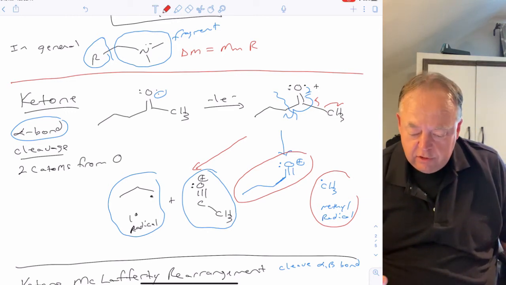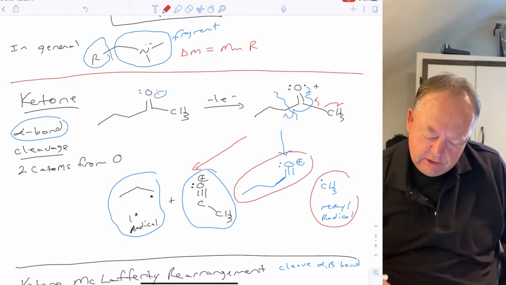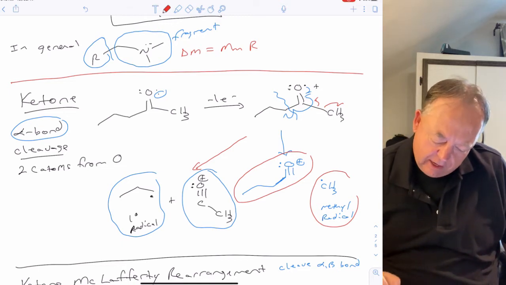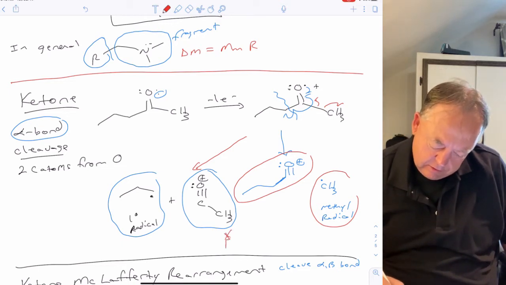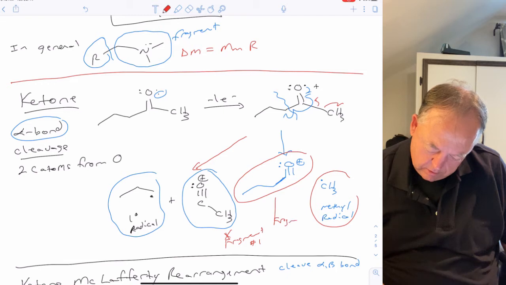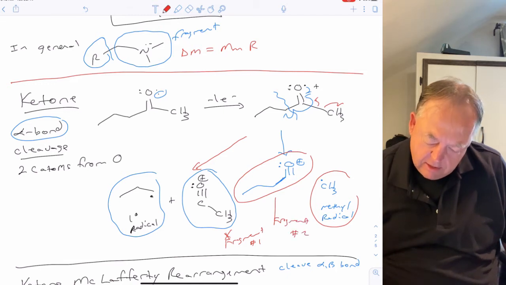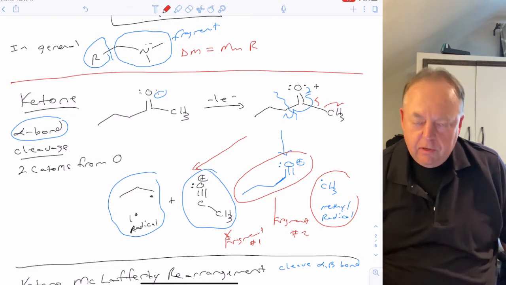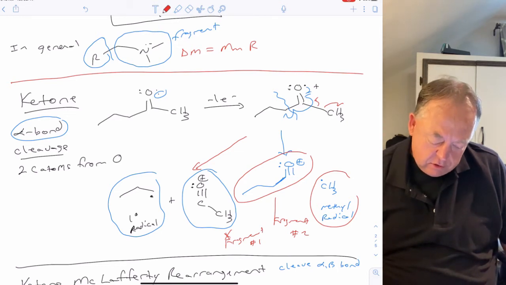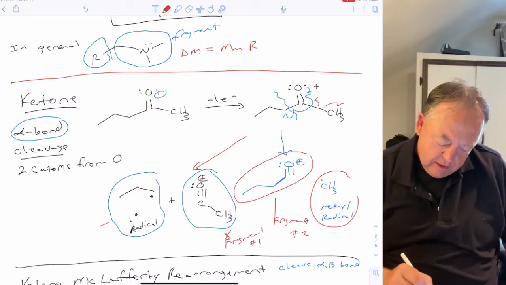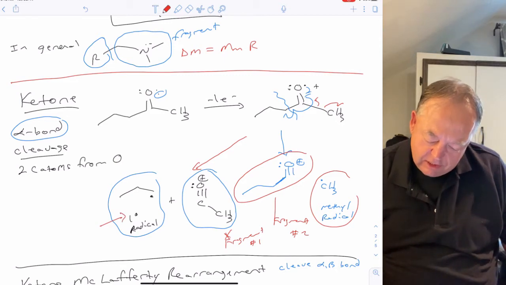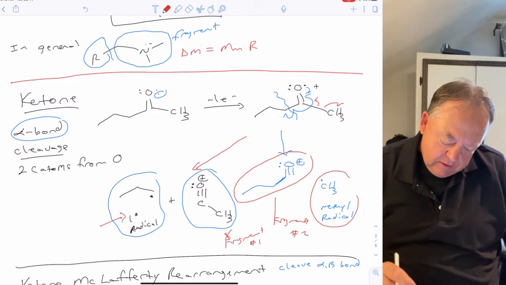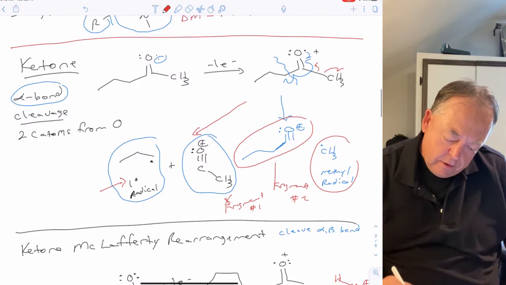So either of those cleavages could work, and you would probably see a peak for both fragments in the mass spec, but one is preferential over the other. Which one would be preferential? Well, primary radicals are more stable than methyl radicals, so this would be the preferred pathway.